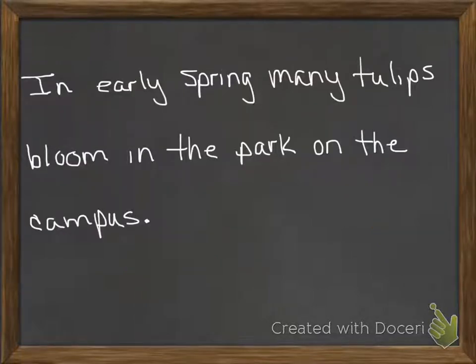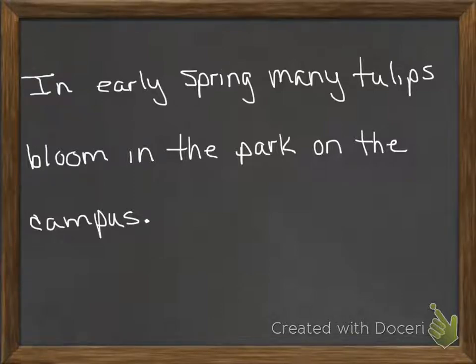Okay? One more we struggled with a little bit. It's a little tricky. Let's quickly go through it. In early spring, many tulips bloom in the park on the campus. We're starting with a possible preposition, in.